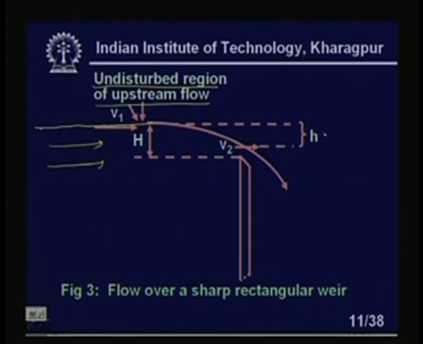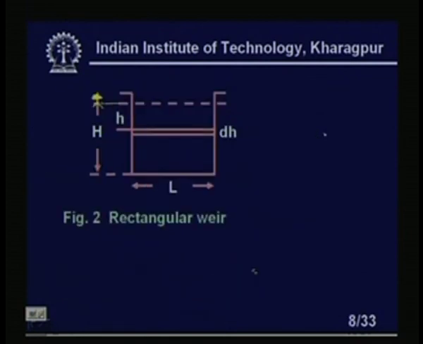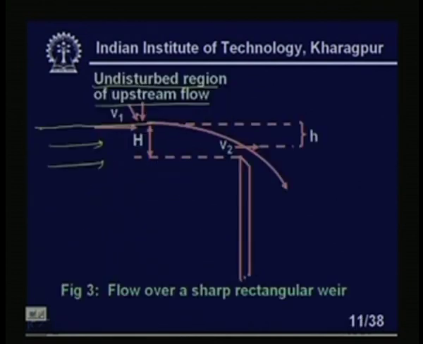So, this is our h, from the undisturbed region. Fine. Now, see what will happen. This is h and the velocity above the crest is V2 and velocity upstream is V1, clear.